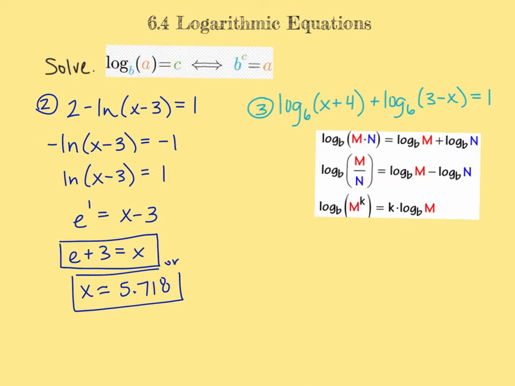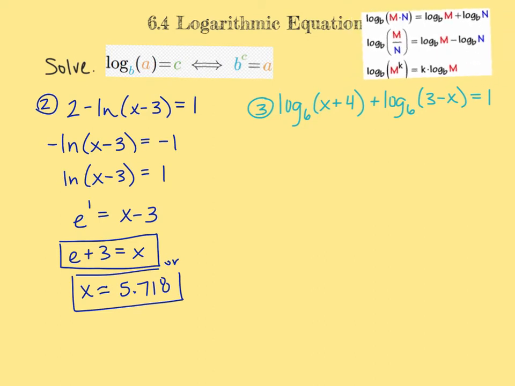We're actually going to use a property of logarithms. If we look, we have a log base 6 plus another log base 6. That is the product property expanded. So this is our m, and 3 minus x is our n. We can write it as one single log base 6 and multiply. Let's do that.